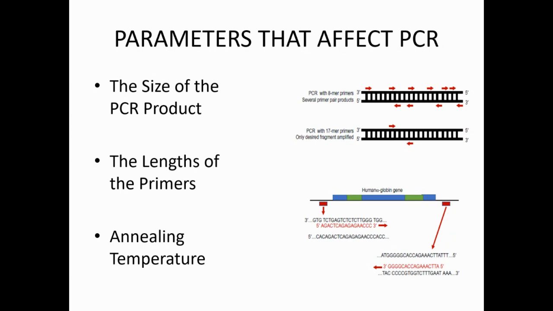That's why it's always recommended to start with about 2 degrees below the melting temperature, and then you can adjust it based on your result. Okay, so these are 3 important parameters that can affect the PCR results.